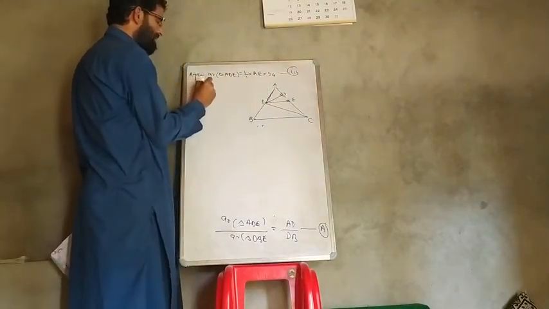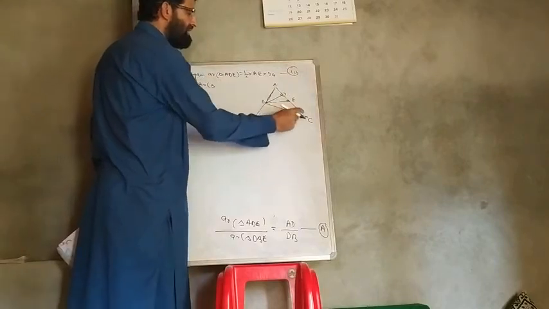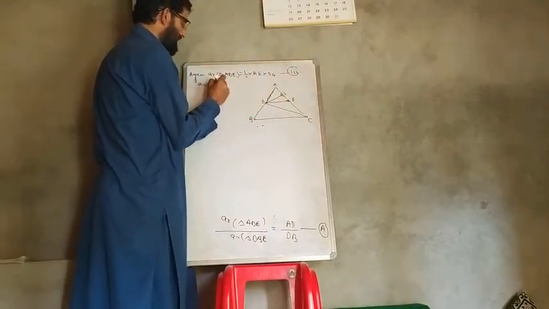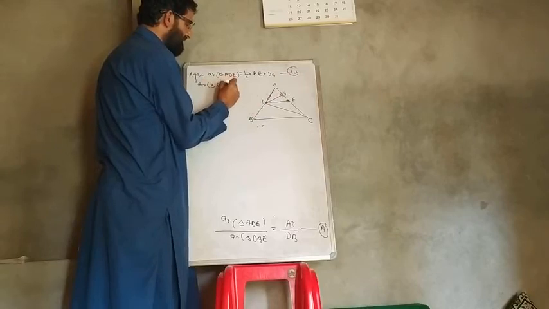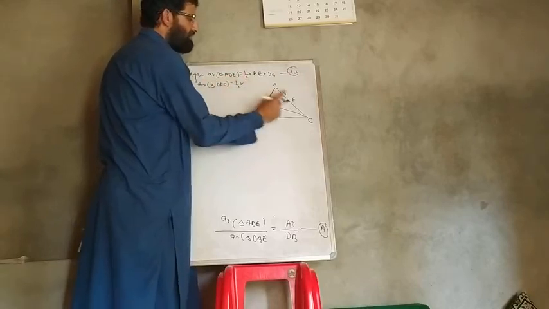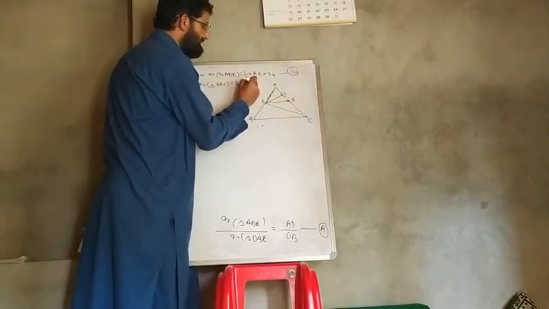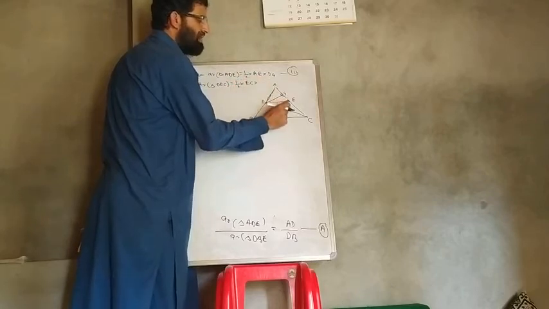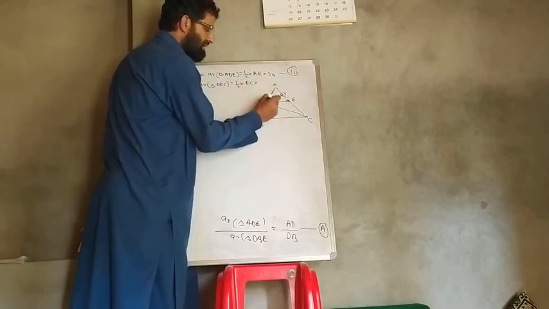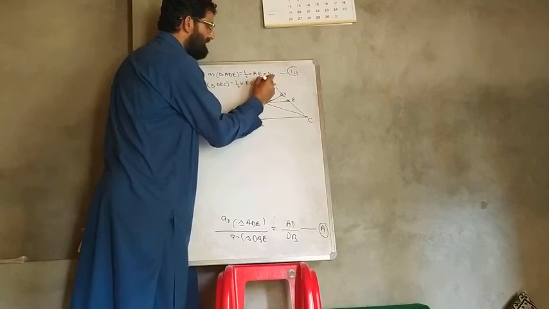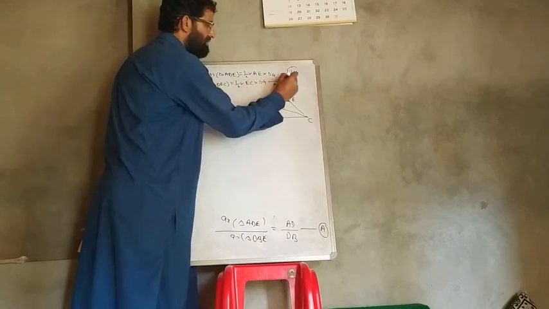Now area of triangle DEC is equal to 1 by 2 into base EC. Again this is an obtuse angled triangle and the height is from outside, DG is its height or perpendicular.